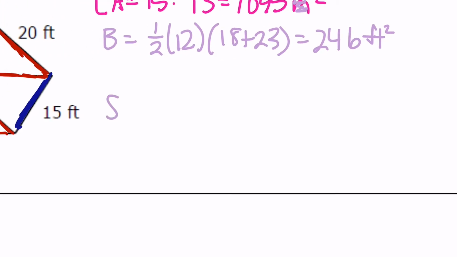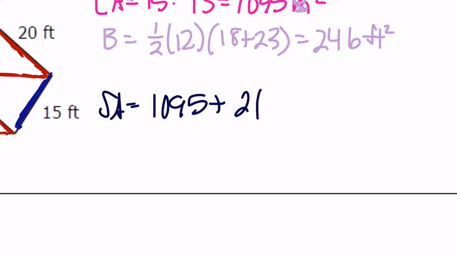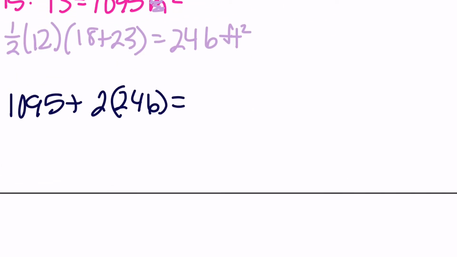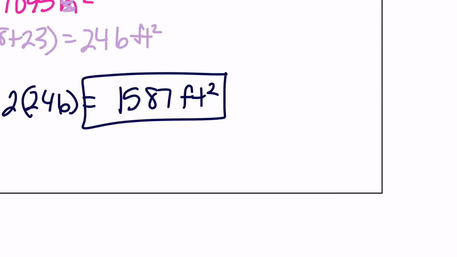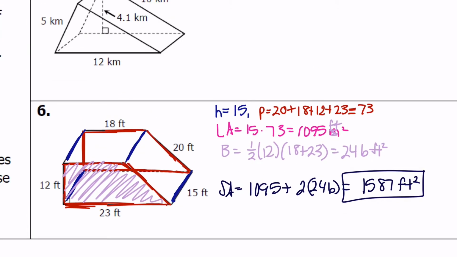Now I put that all together in my surface area formula. So my lateral area plus 2 times my base area is going to give me my surface area of this trapezoidal prism.